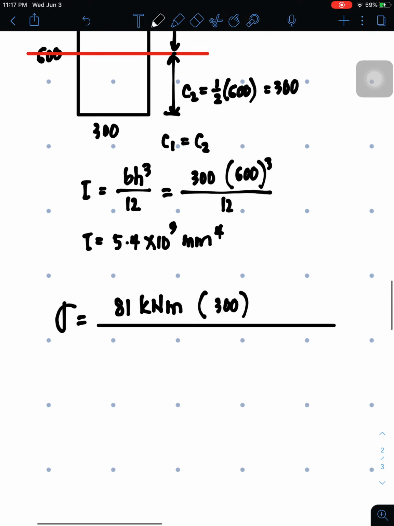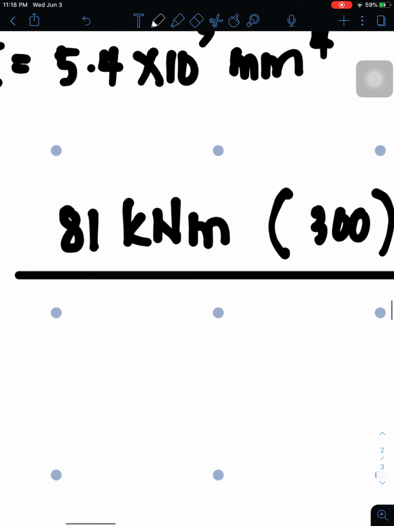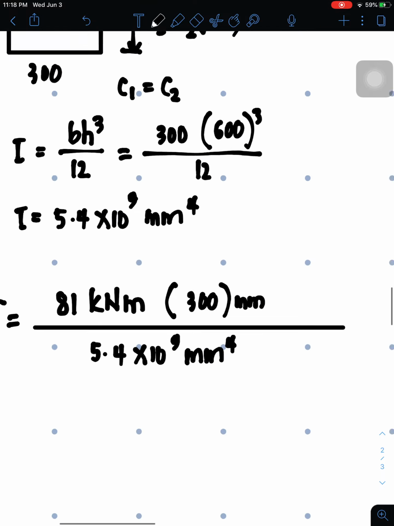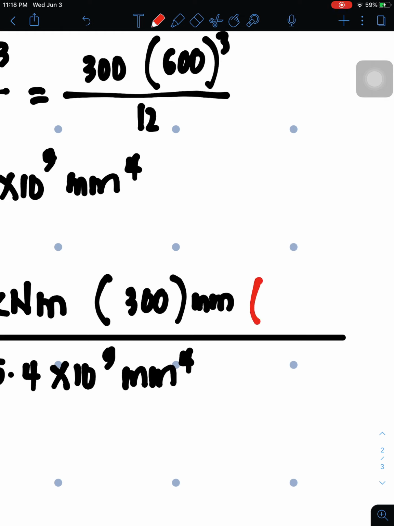Then divided by, unit diri, this is millimeters. And then I is 5.4 times 10 to the 9th power mm to the 4th. And of course, since our kilonewtons and meter aren't in its simplest form, so atong gi-expect ang answer is in megapascal, so it should be in newtons per square millimeter. So atong i-convert.